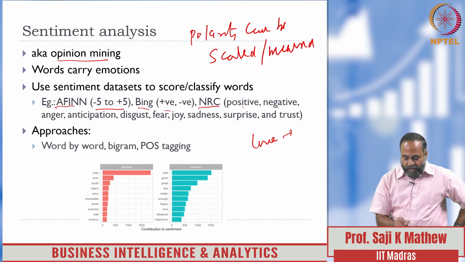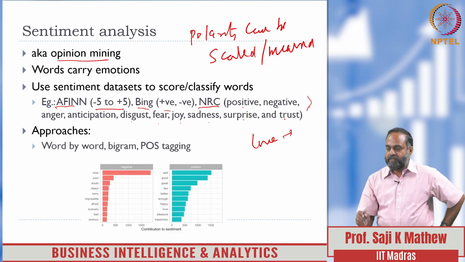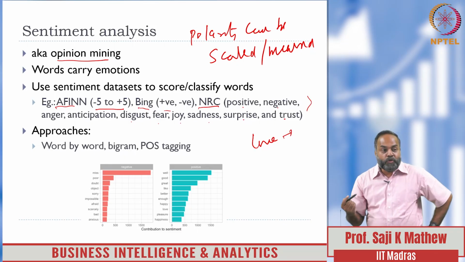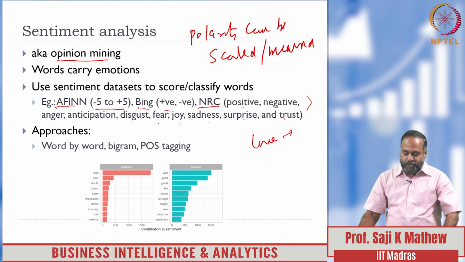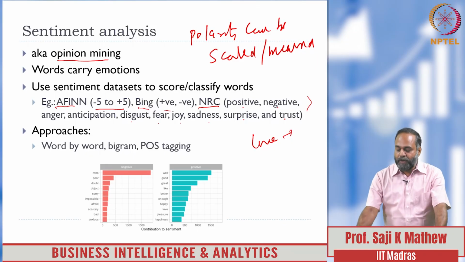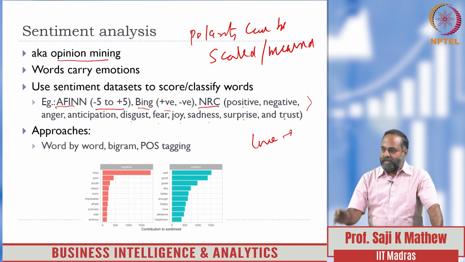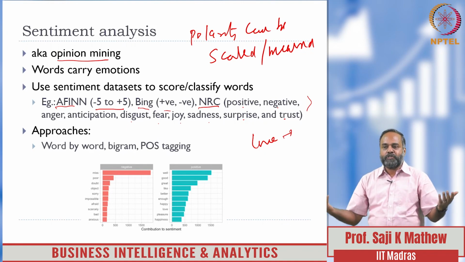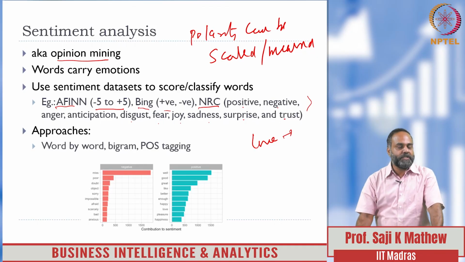Positive, negative, anger, 4, 5, 6, 7, 8, 9, 10 classes. Words are classified into 10 classes based on the emotion they express, from positive, negative, anger, anticipation, disgust, fear, joy, sadness, surprise, and trust. These are different sentiments. So each word gets classified into that, and then if you analyze a whole corpus, you can actually understand what sentiment is coming out of this corpus.